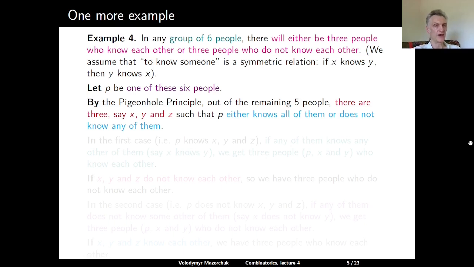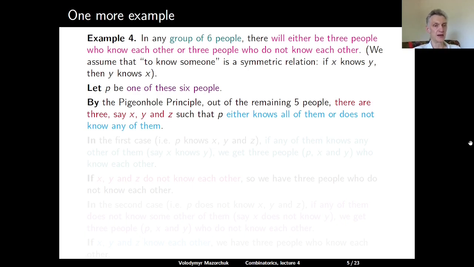Why? So we have 5 people apart from P, and P can know each of them or not. So we have 2 containers, knows, doesn't know, and 5 people. So we put 5 people in 2 containers, at least one container contains 3 people.